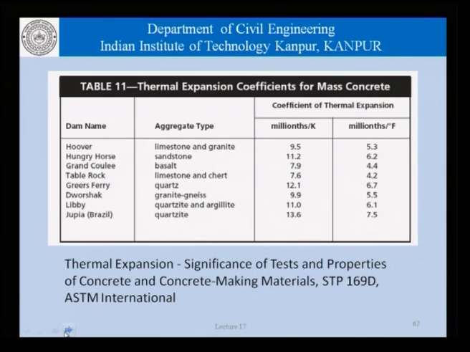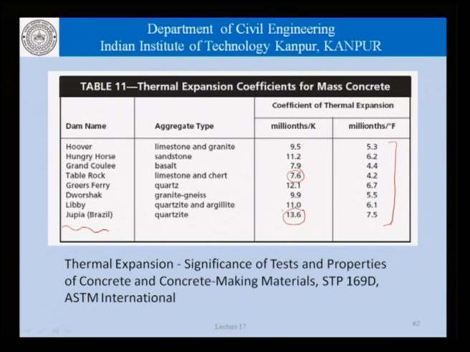We also need to have data for the coefficient of thermal expansion of concrete, and that again varies from aggregate to aggregate, and these are the data which have been obtained for different dams, different aggregate types, and are listed here. So, we can see that the difference could be as much as, let us say, 7.6 is possibly the minimum here and 13.6 is the maximum.